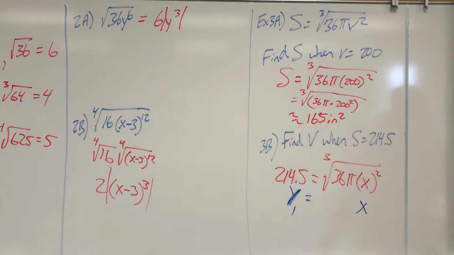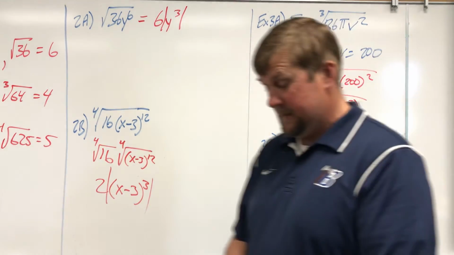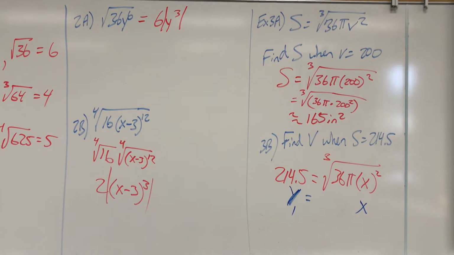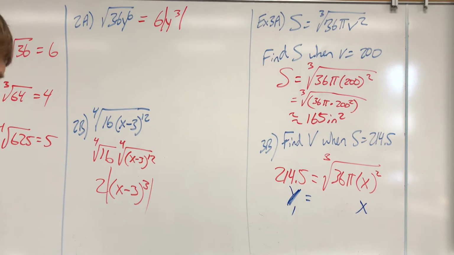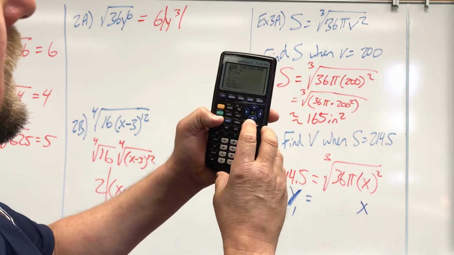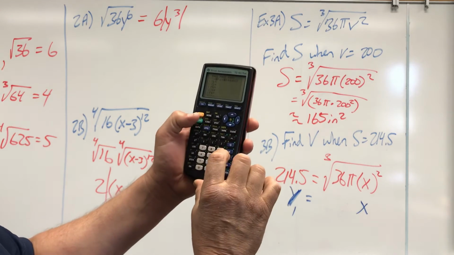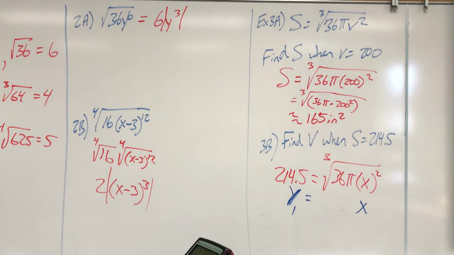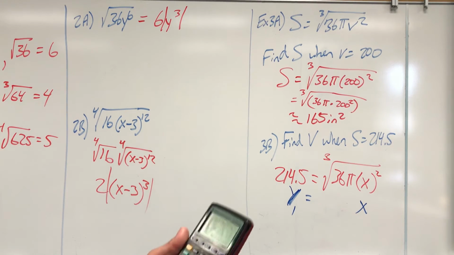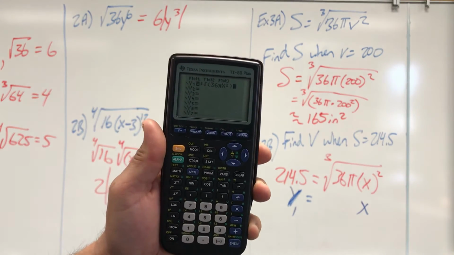So let's go to y equals, we have the cube root. To get cube root, I go to math, cube root, 36 pi times x squared. I don't know if you can see that, but that's what I'm doing right here.